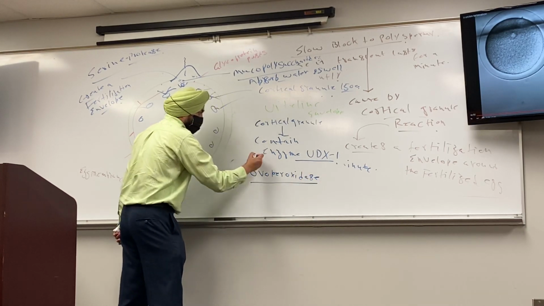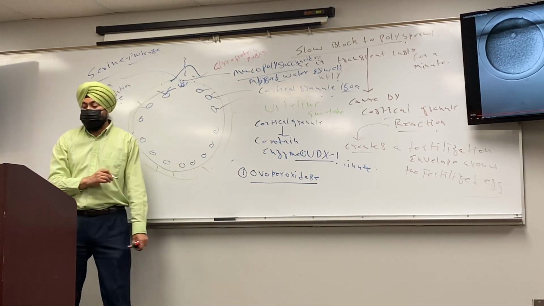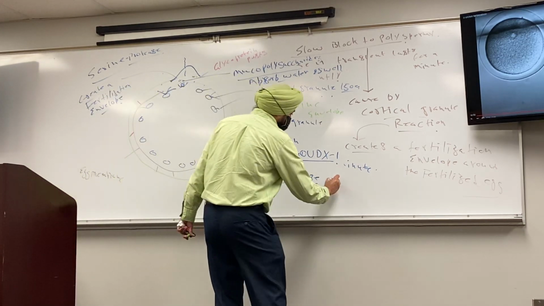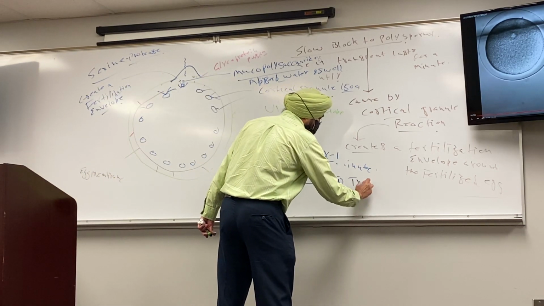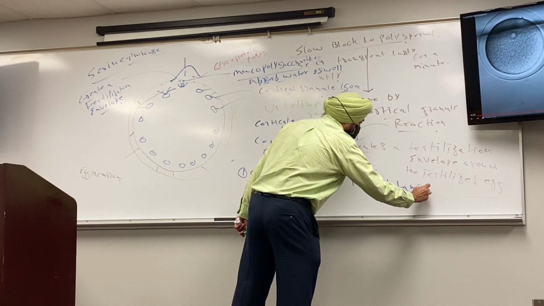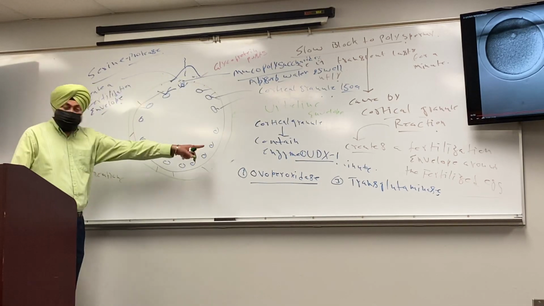That is the other thing. So number one, number two, that's the second thing. And the third thing, they have what we call transglutaminase. Okay, now what happened? These three things are there.